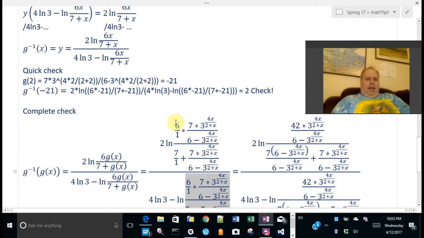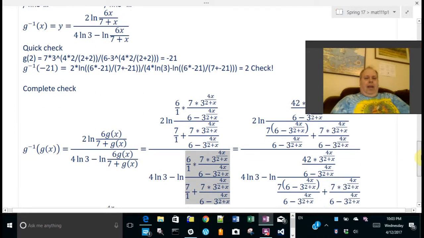Okay, 6 times 7. We multiply the numerators, a 6 and a 7, both integers, to make 42. On the bottom, we have to make a common denominator.